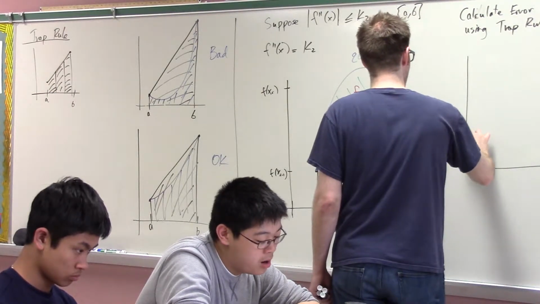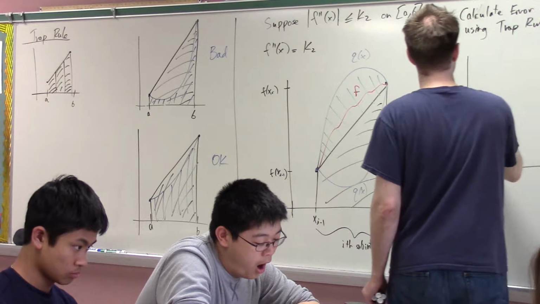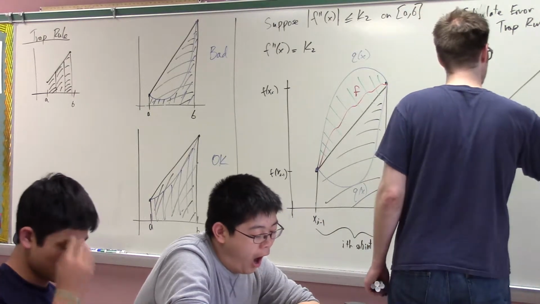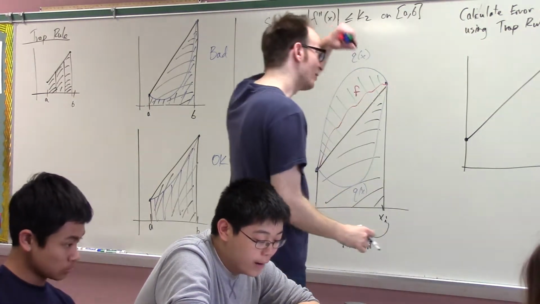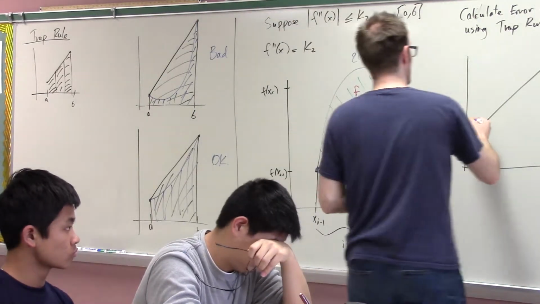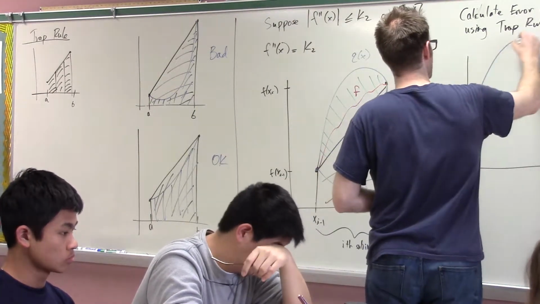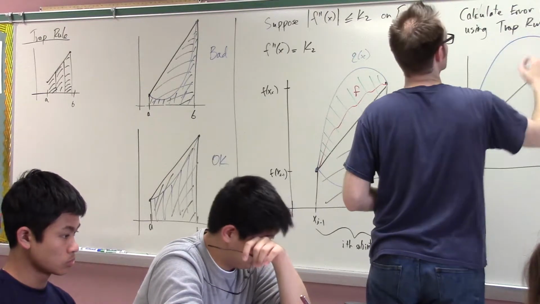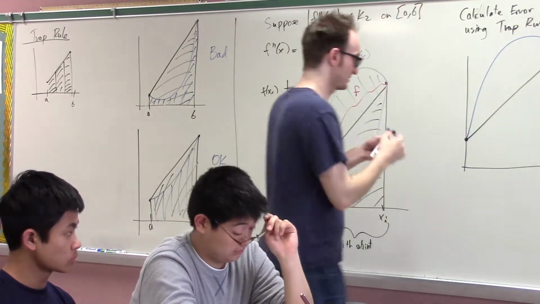And so I have my function, it looks like this. Now I'm going to draw the worst possible function, which is q. That's q of x.